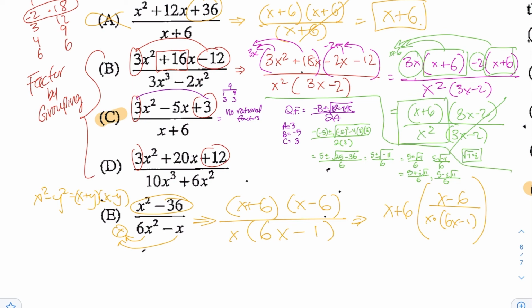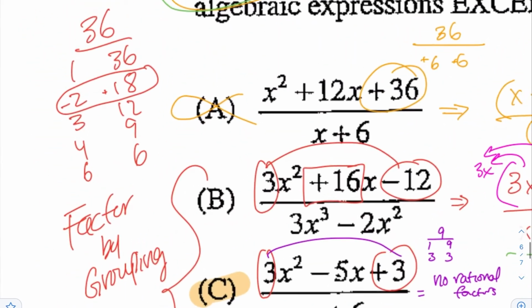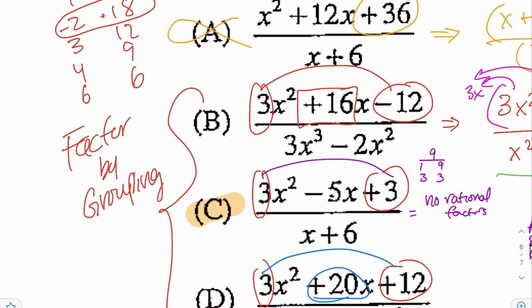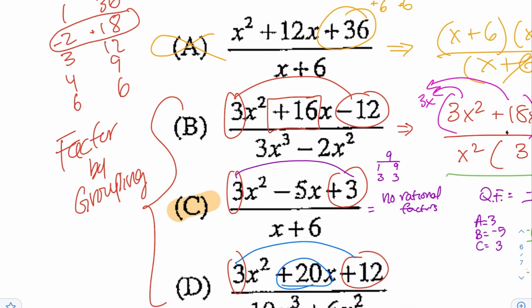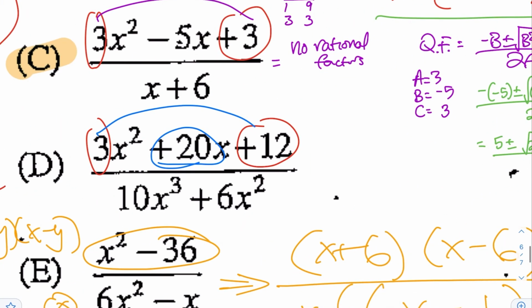Now definitely double check for the last one. So you do 3 times 12, which is 36. And this time you want to add or subtract to 20. And we can get a sum of 20 with negative 2 and 18, or positive 2 and positive 18 this time.